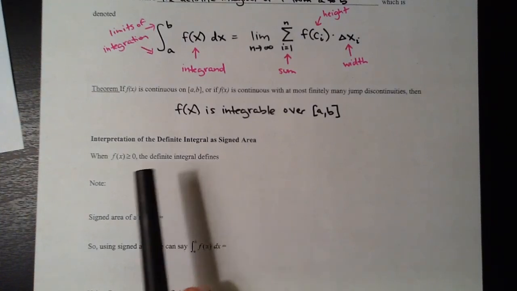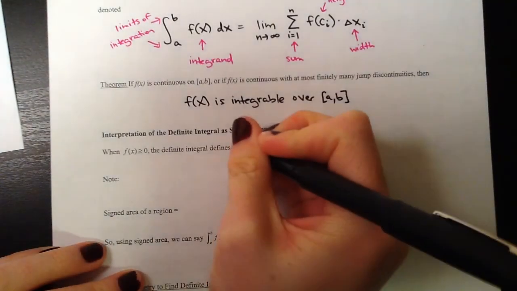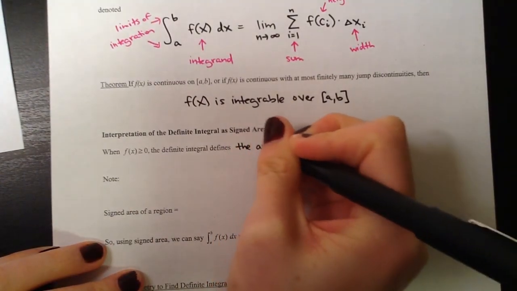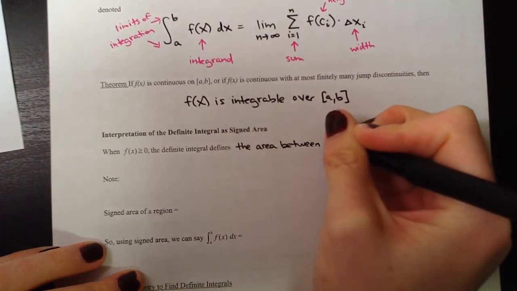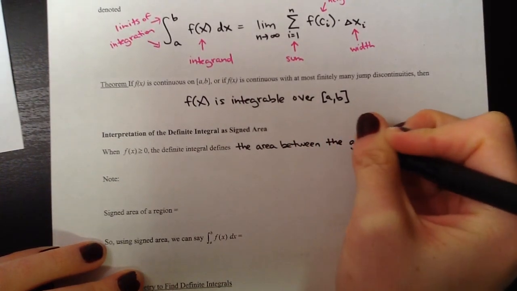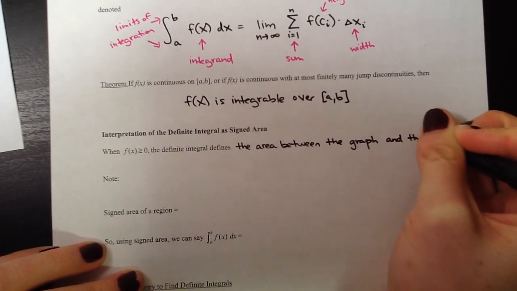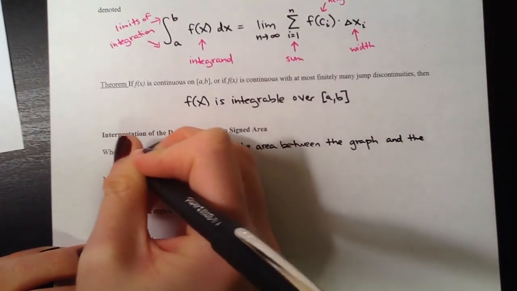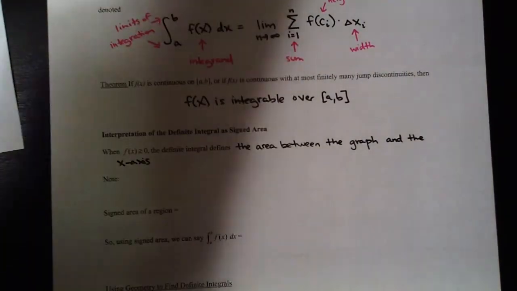So when the function is above the x-axis, that's what this means right here. The definite integral defines the area between the graph and the x-axis. Okay, so the area between the graph and the x-axis.